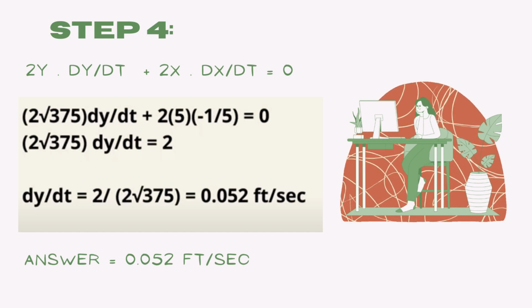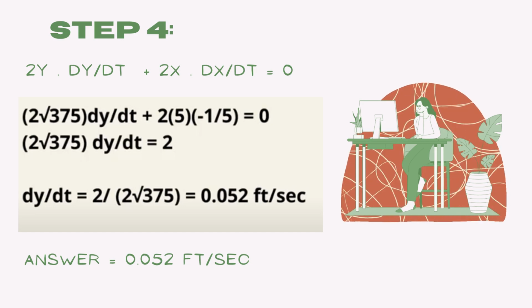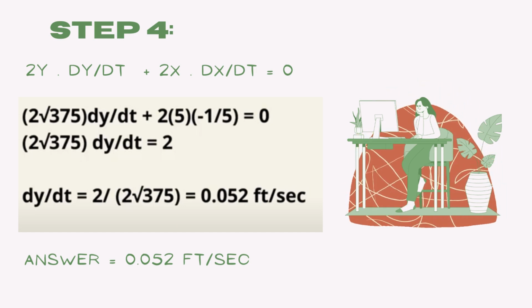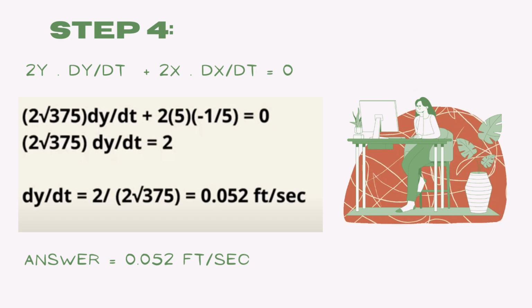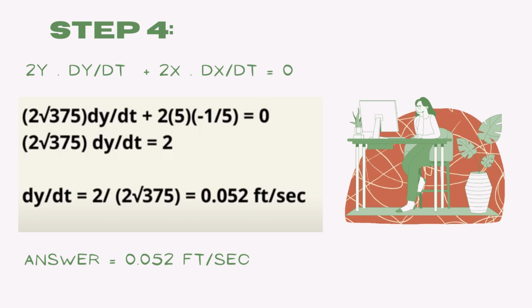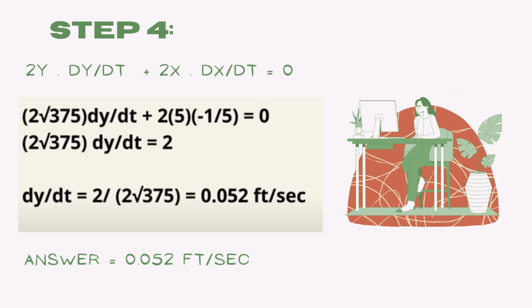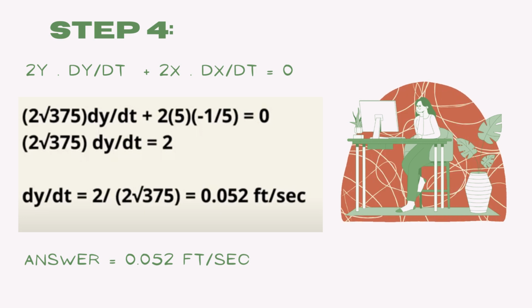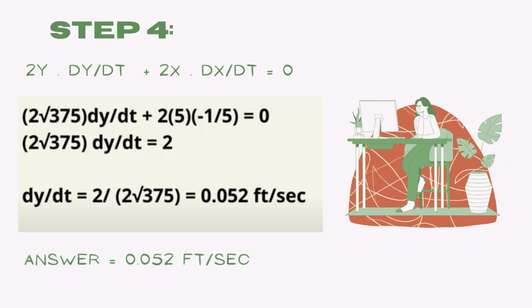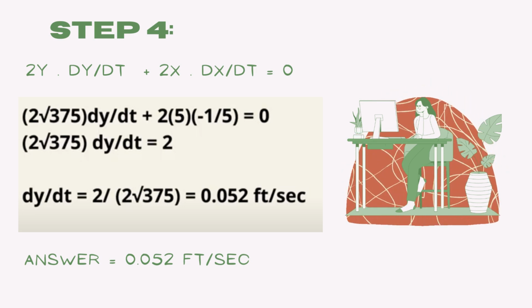We substitute all of the values that we got from steps 2 and 3 earlier in order to find dy over dt. So, on the screen, we get dy over dt equals 0.052 feet per second.